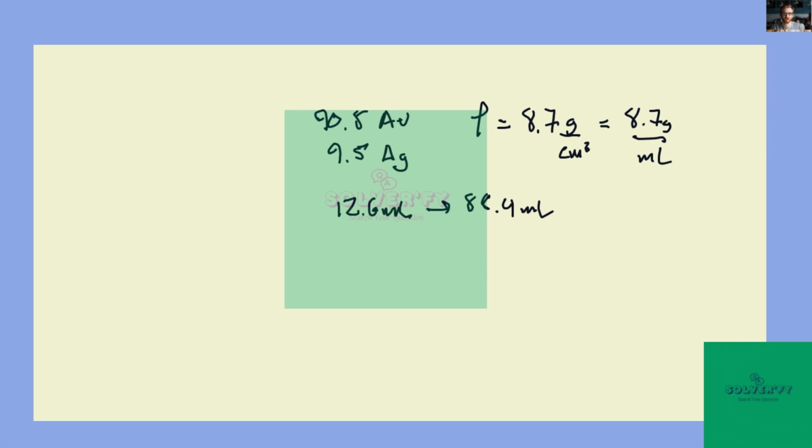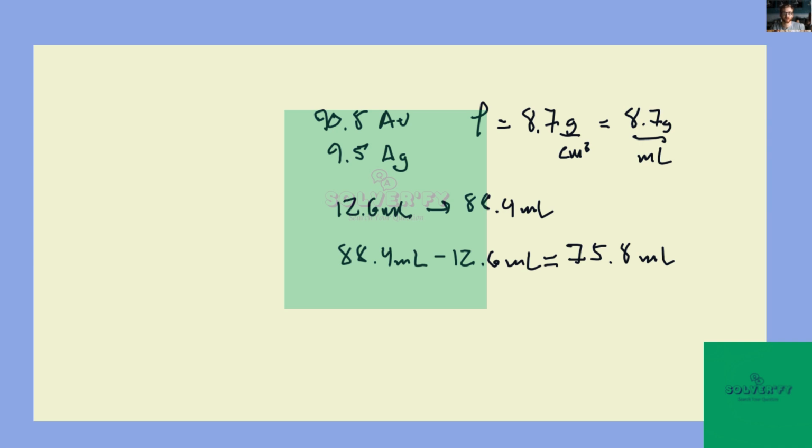Okay, so we can calculate how much water was displaced by subtracting the initial volume from the final volume, or 88.4 milliliters minus 12.6 milliliters. Put this into a calculator, 88.4 minus 12.6. We get 75.8 milliliters. So the volume of our pendant is 75.8 milliliters.